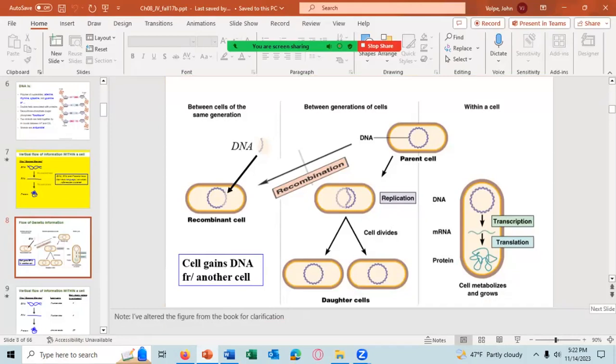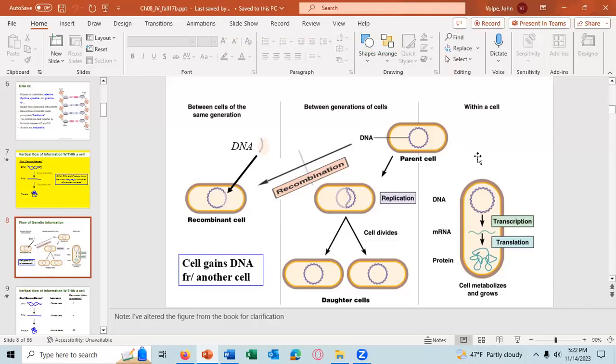All right, within a cell, we can have the information of DNA flow from DNA to RNA to protein. This we call the flow of information within a cell. It is also called the... is that the horizontal gene transfer?